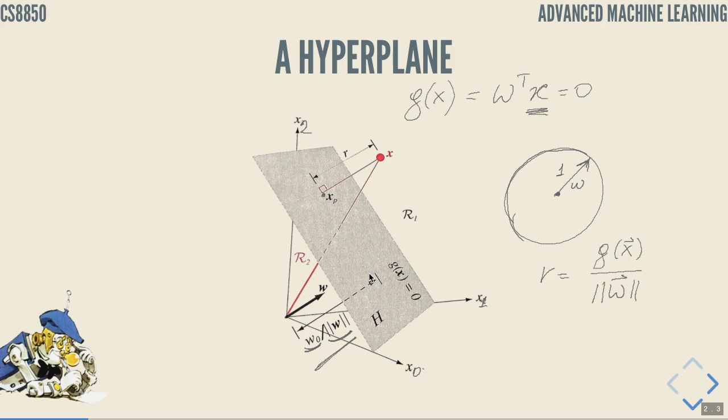Another thing that we could see from here is that we can just rewrite this using W transpose X. So in the case of normalized W, conveniently, if this is 1, our equation just exactly gives us a line equation, gives us the distance of a point from the hyperplane.